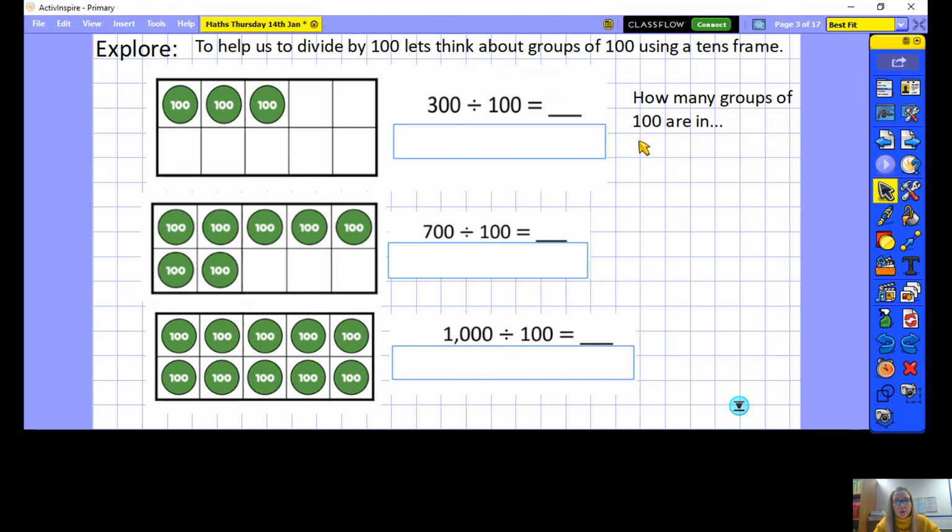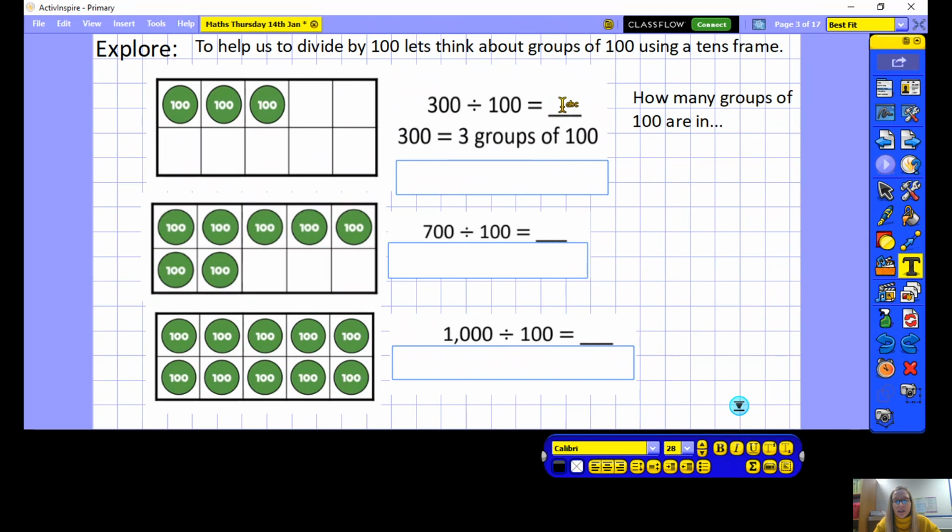So how many groups of 100 are in 300? We've got 1, 2, 3 groups here. So 300 is equal to 3 groups of 100. So that means 300 divided by 100, the answer there is 3, because there are 3 groups of 100 in 300.